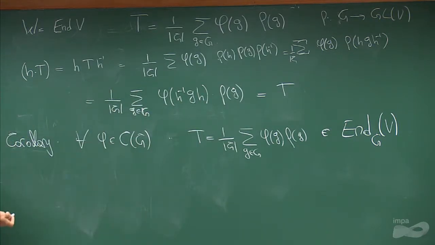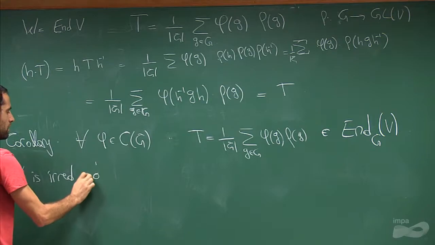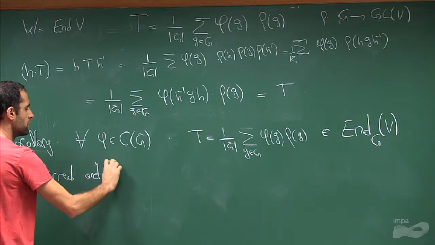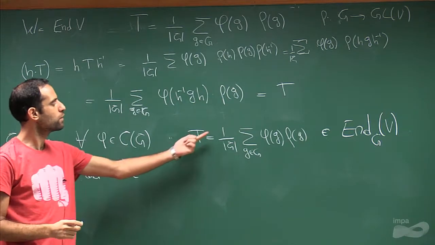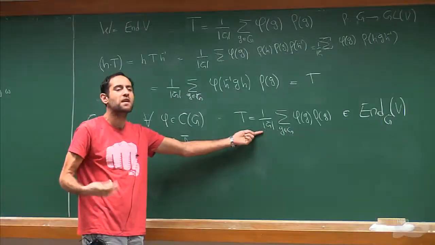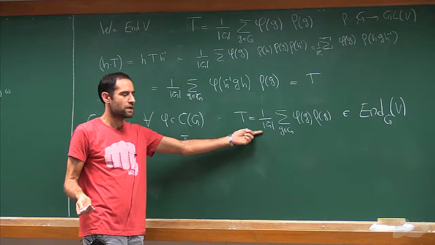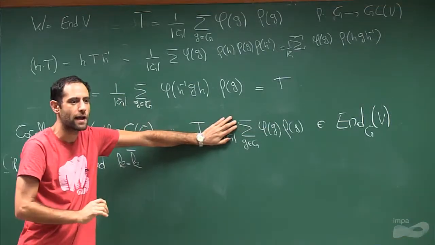So in particular, if V is irreducible, and the field K is algebraically closed, and we're using that because of the normalization, but we didn't need the normalization. If I don't divide, this is still an invariant, and I don't need to divide.